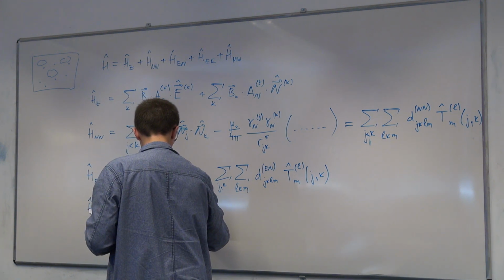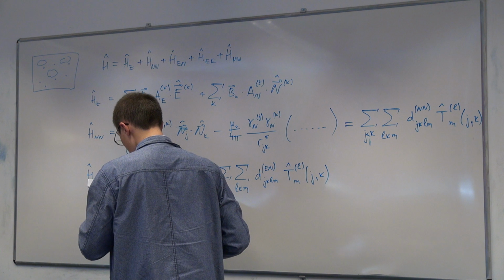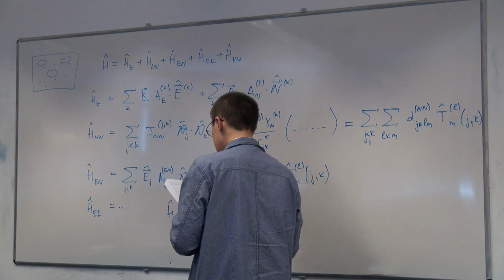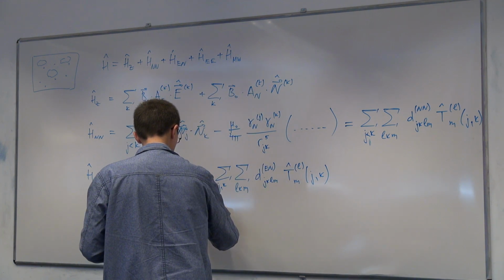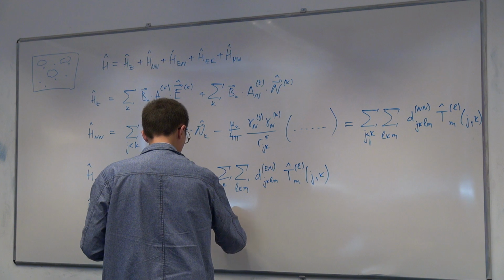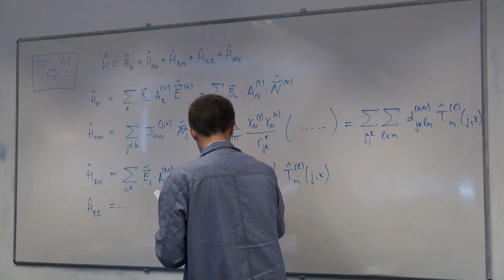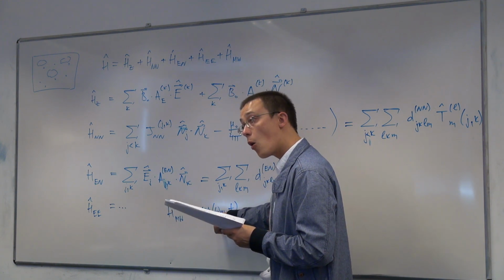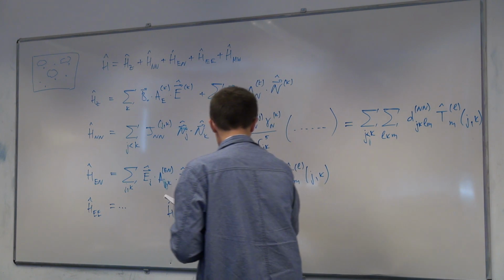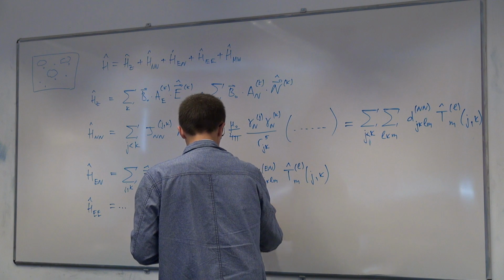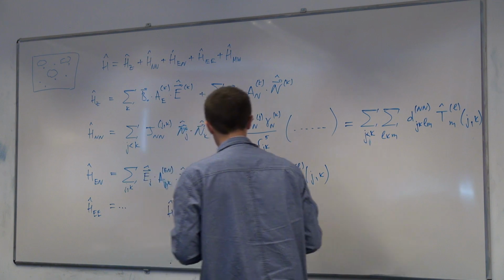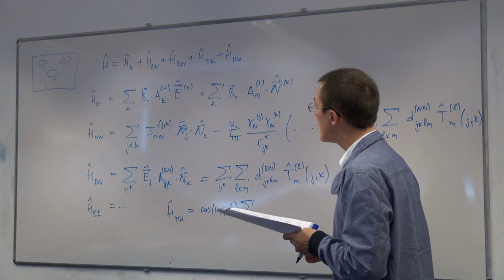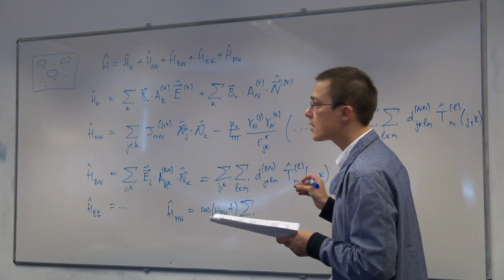So H microwave is going to be just a cosine modulated wave, cosine omega microwave t. Note that omega is frequency here, not the power. The power I will call A. And there's an interesting twist here. You see, electrons do not necessarily have the same g factor.